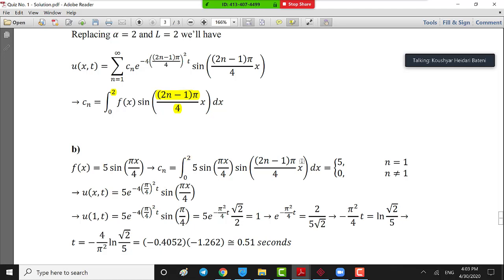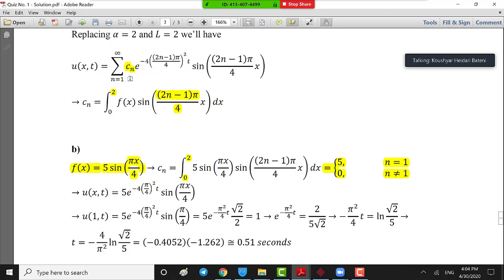Now, this is a very important conclusion that we have made. By this, we know that only C1 has a value and it is equal to 5, and the rest of the C's are equal to 0. So, u of x and t, look at it. U of x and t was equal to this. Now, for this specific f of x, all of its coefficients are 0 except for C1.